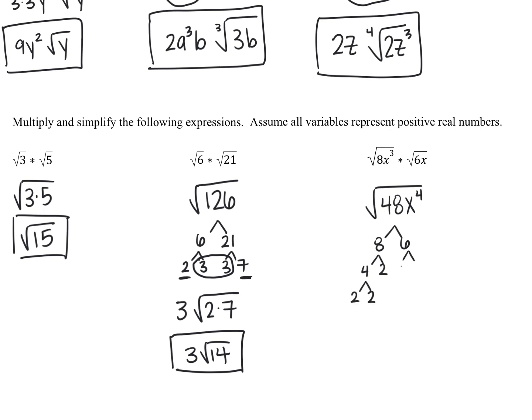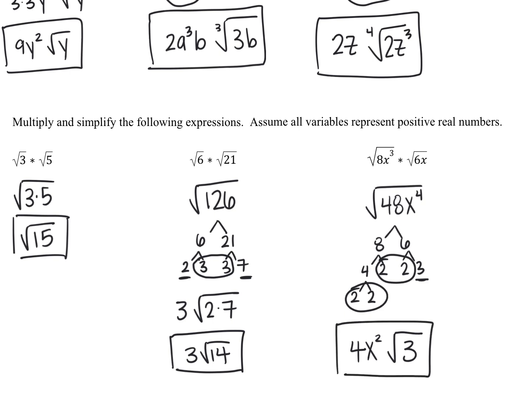And then 6 becomes 2 times 3. So I notice I'm going to have two groups of 2 here, which are going to multiply on the outside to give me 4. x to the 4th, I can simplify completely to x squared. And underneath the square root, I still have a 3. So I get 4x squared square root 3.